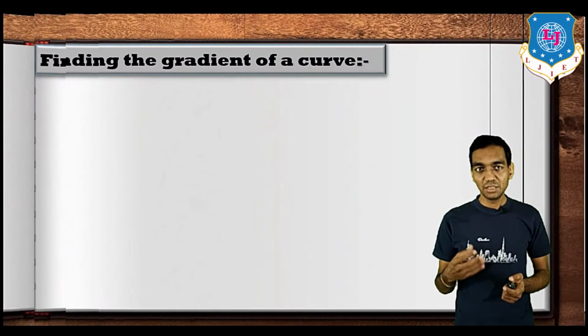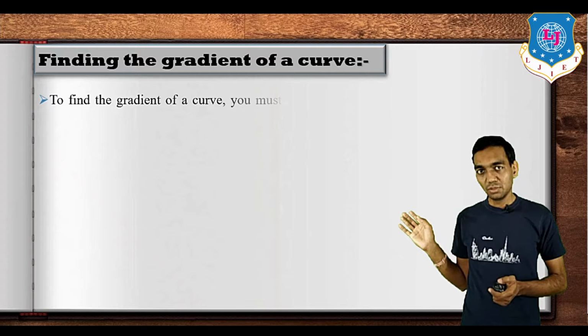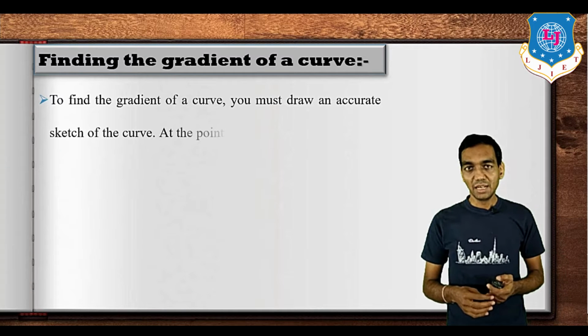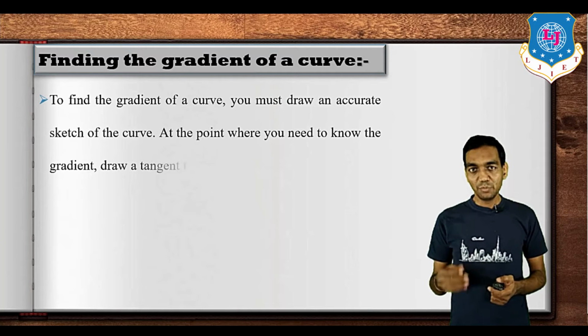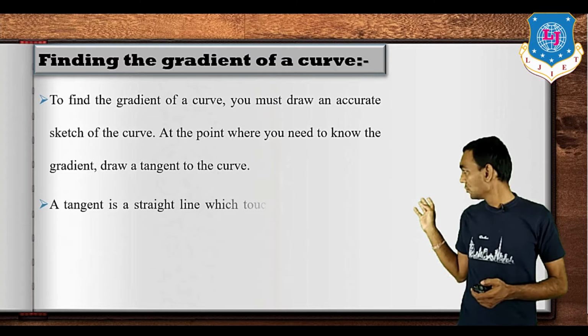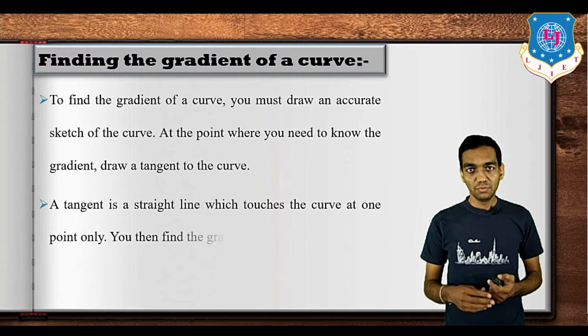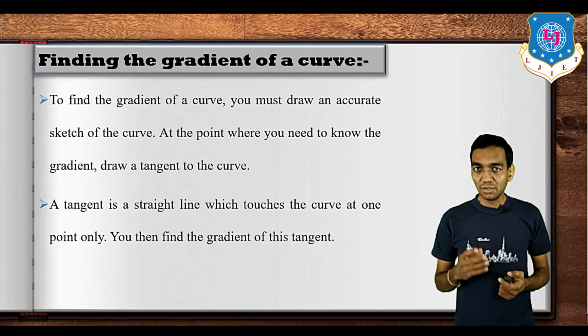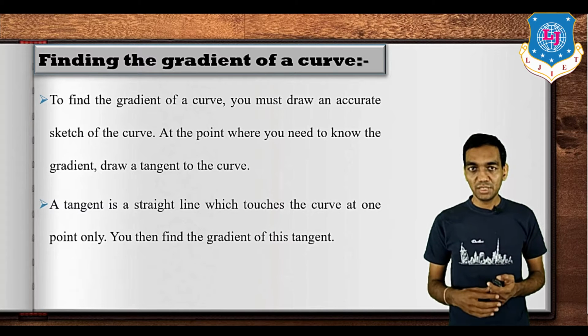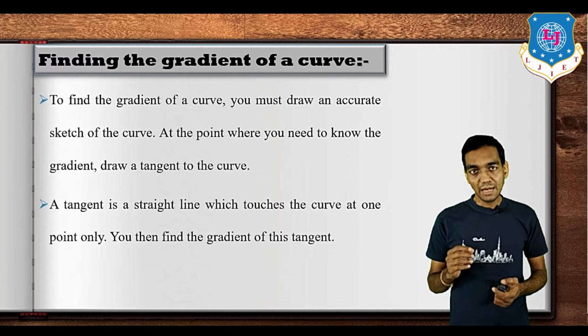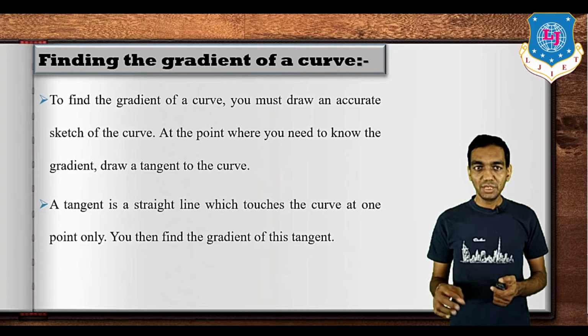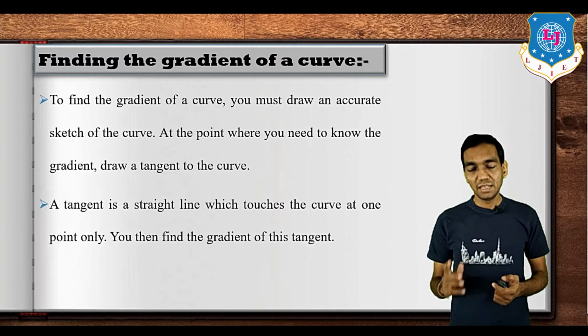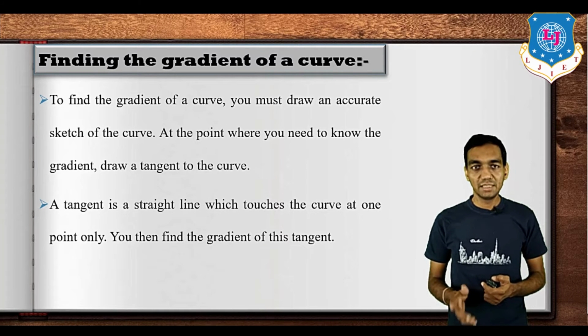Now basically the gradient gives you the slope of a tangent, and it is directional. In the same manner, to find the gradient of a curve in two dimensions, you first have to draw an accurate sketch of the curve, and at the point where you need to find the gradient, draw the tangent to the curve at that point.